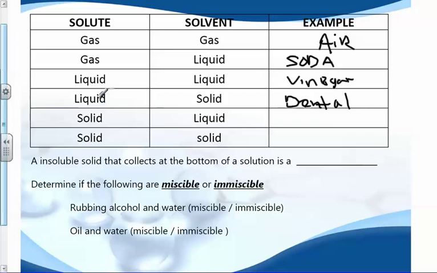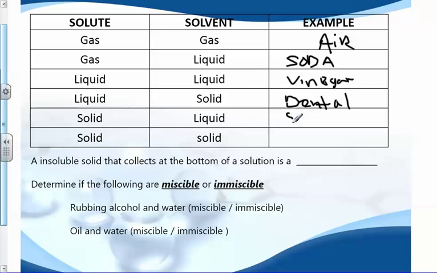So the solute was a liquid, the solvent was a solid. Interestingly enough, the solute was the mercury, and they put it in a metal or some other type of substance. Here's the solute here being a solid, and here's the solvent being a liquid.